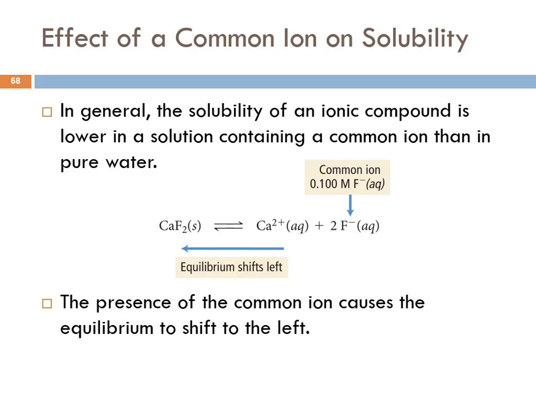If we're doing this in a solution that contains fluoride ion from some other source, what does that do to this equilibrium? It shifts it to the left. What does that do to the molar solubility? It makes it go down. The common ion makes it less soluble.